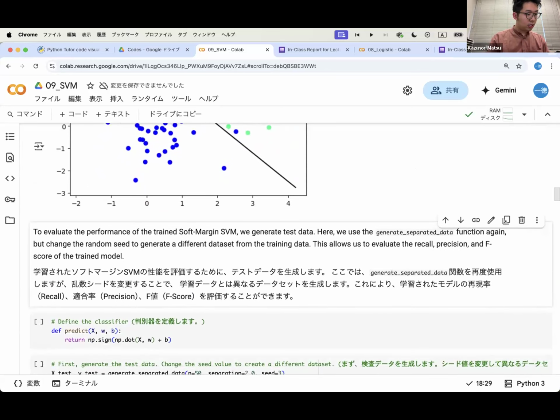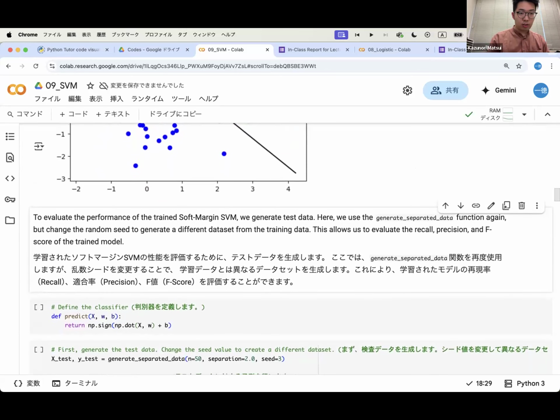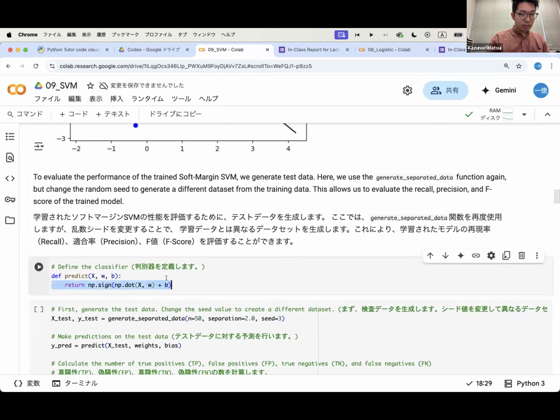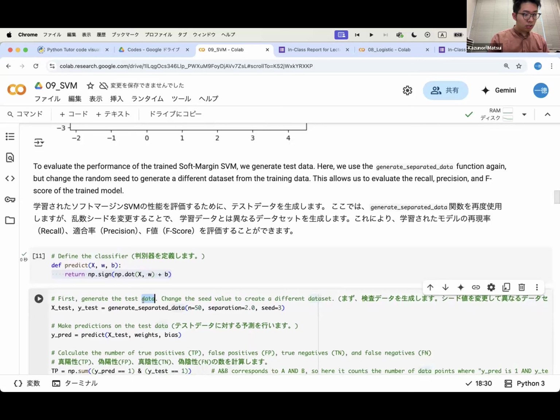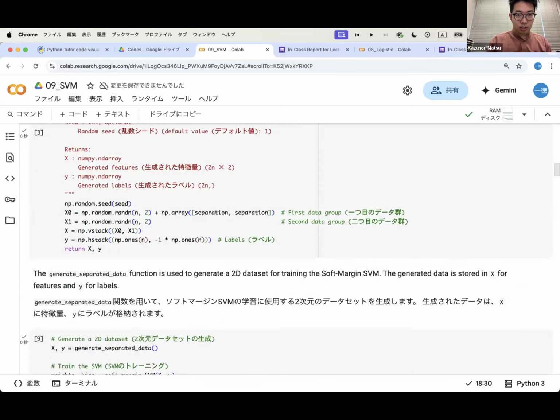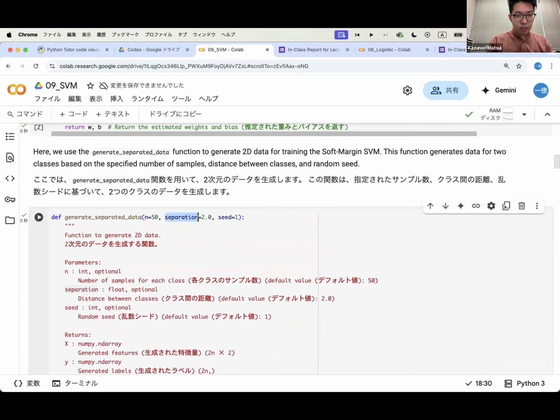The classifier can actually be created like this as well. The data we used for training earlier was executed with separation equal to 2 and seed equal to 1.